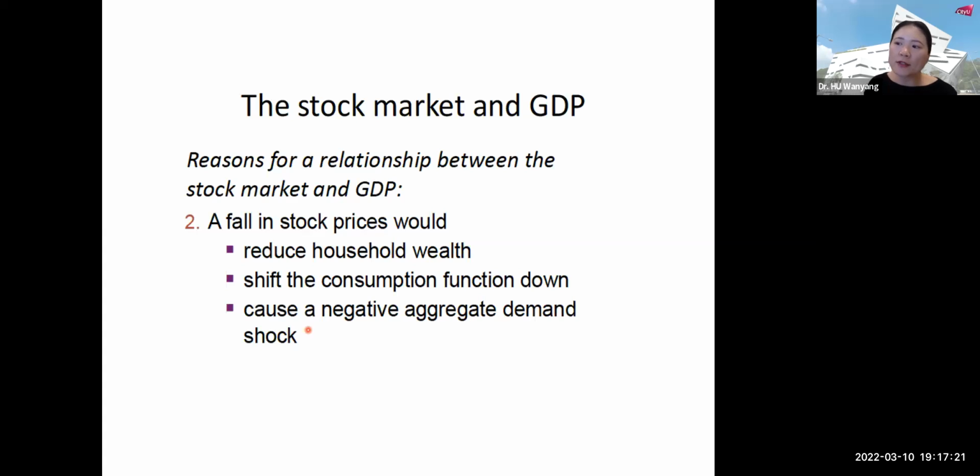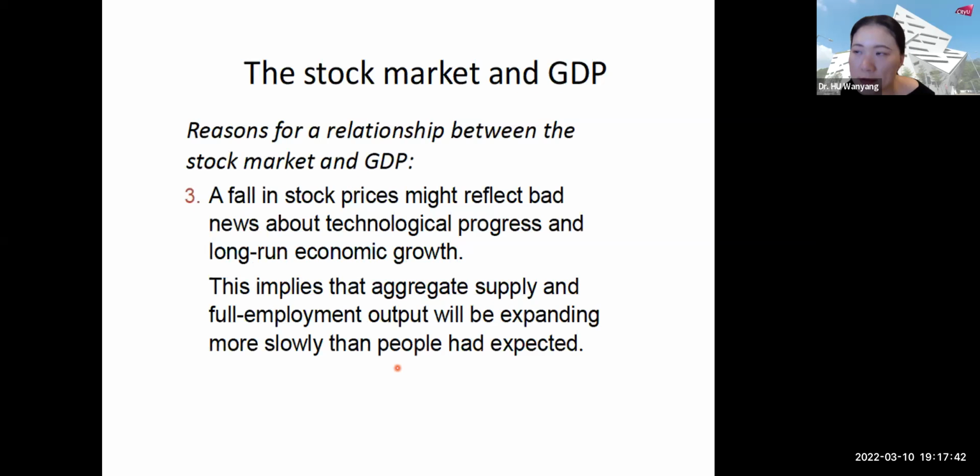Similarly, this will also be a negative aggregate demand shock, which will affect the GDP. So both being pessimistic about the future and the fall in the stock price will negatively affect the aggregate demand and the GDP as a result.